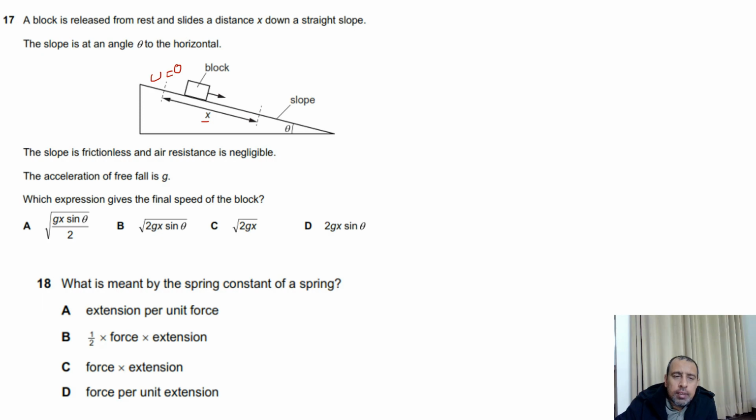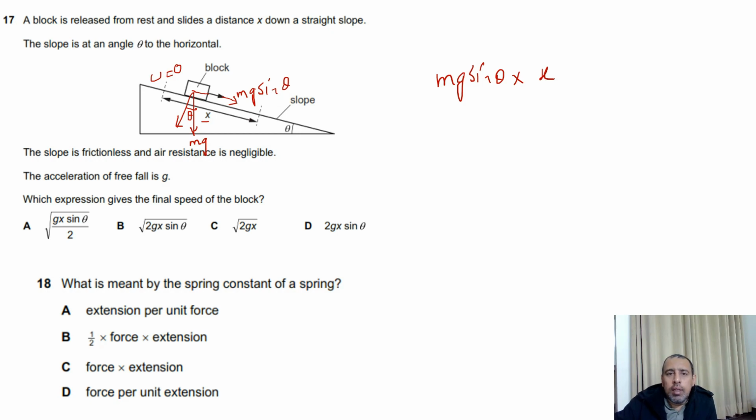There is a force acting on it to move it downward, which is the component of the weight mg. If this is theta, then this is mg sine theta. So the work done is mg sine theta multiplied by distance x.